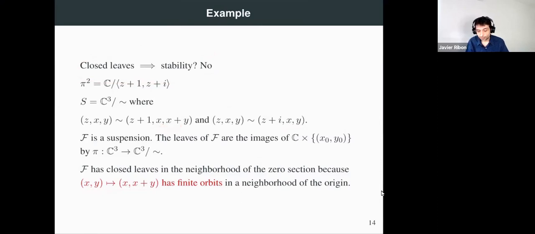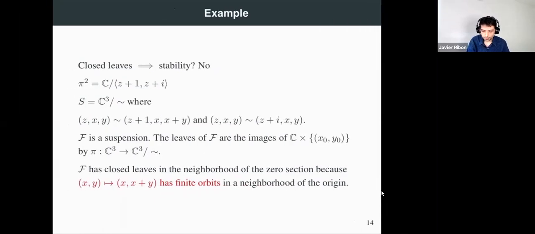Of course, this one, the identity, has finite orbits, and this one has also finite orbits in a neighborhood of the origin. So we can use examples of local biholomorphisms that have finite orbits but are not of finite order to find examples of foliations that have closed leaves but have no finite holonomy groups.